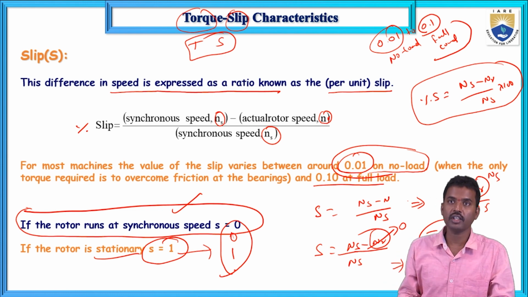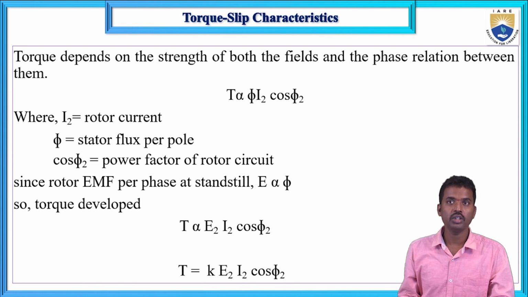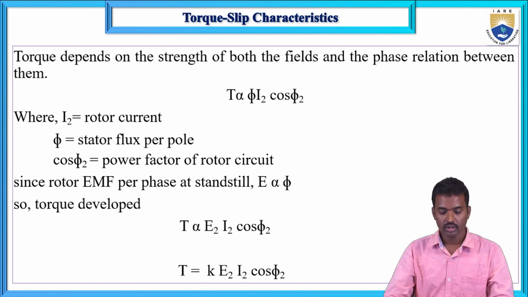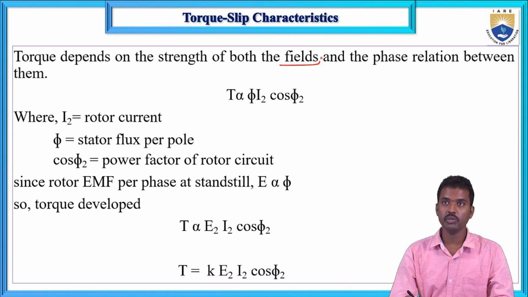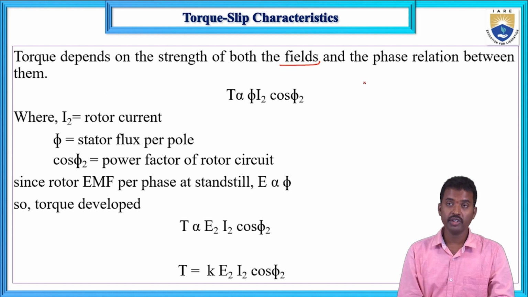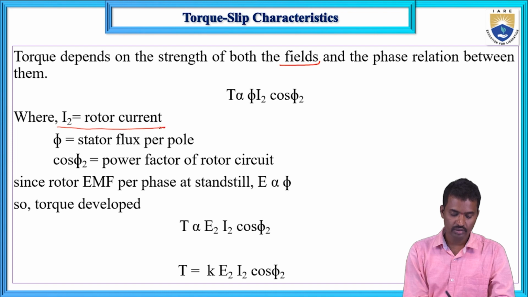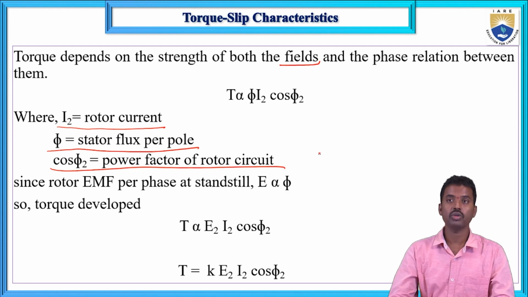So first, you need to derive the torque equation in terms of slip. Torque depends on both fields, that is the rotating magnetic field and the rotor flux, and the phase relation between them. Here I2 is the rotor current, phi is the stator flux per pole, and cos phi 2 is the power factor of the rotor circuit.